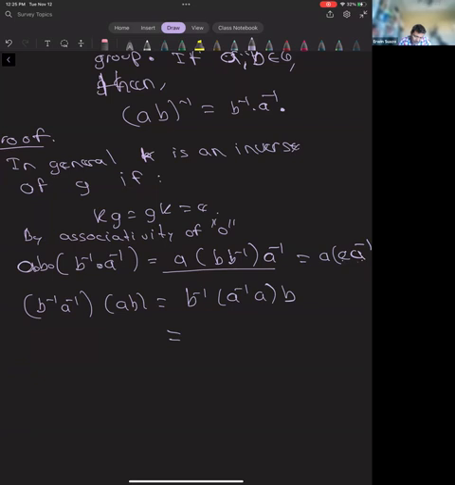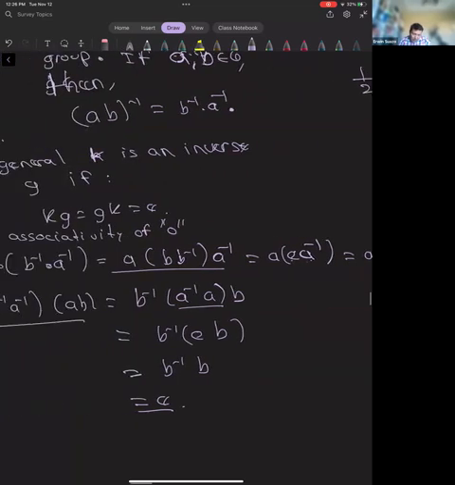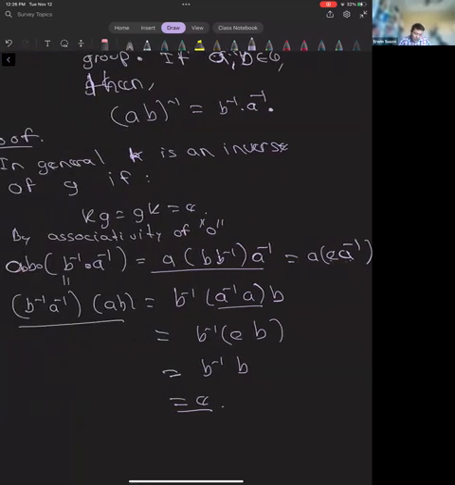So now, I can do it like this, right? So that's B inverse B, and this is just E. So this guy is equal to the identity, and this guy is equal to the identity. Therefore, these two are the same.